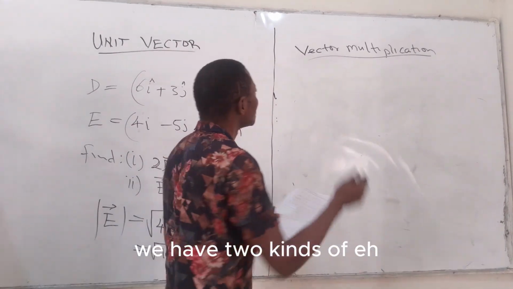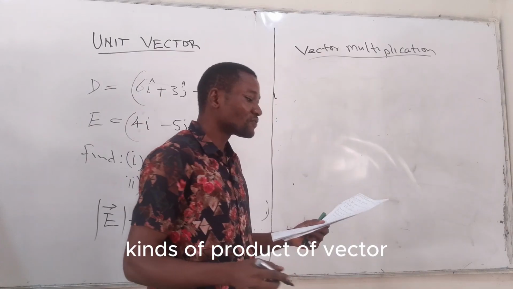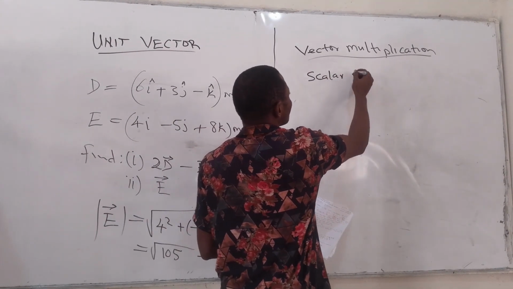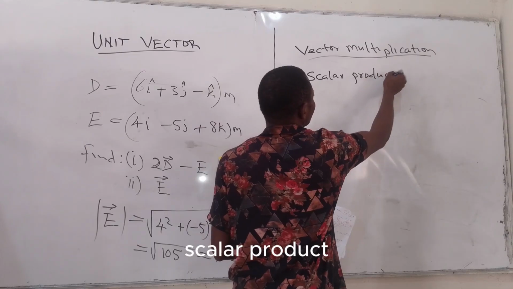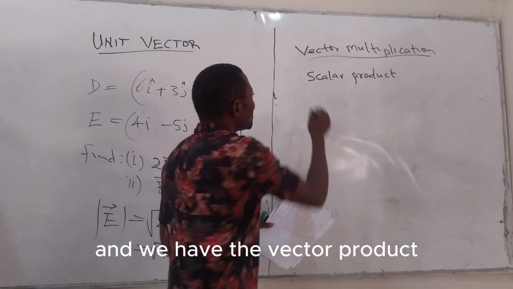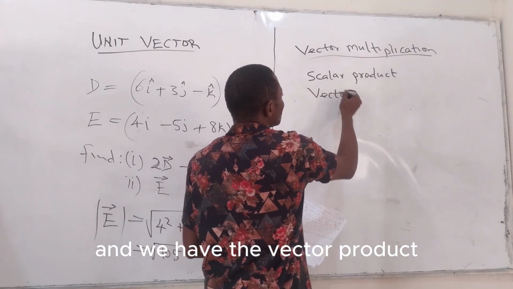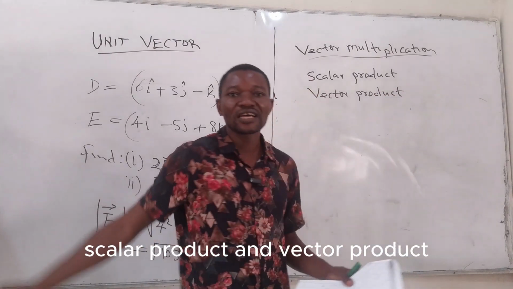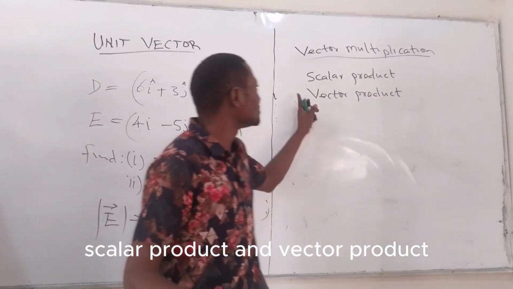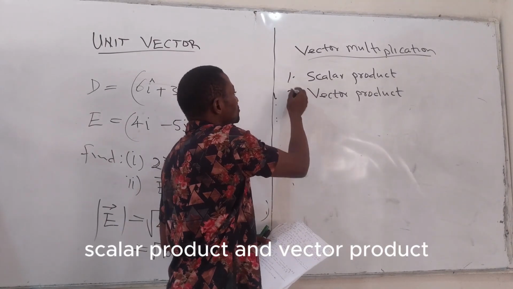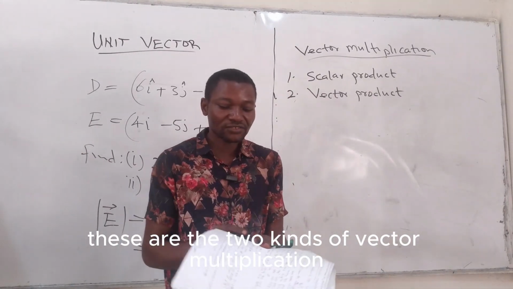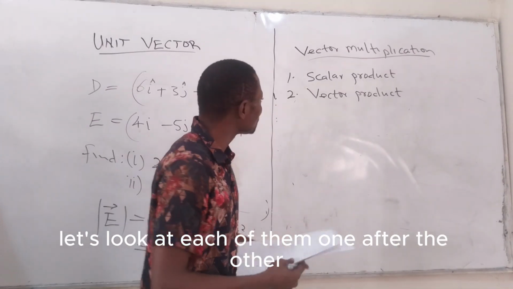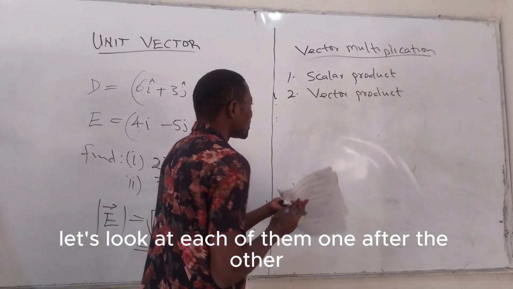We have two kinds of product of vectors. We have the scalar product, and we have the vector product. We shall be looking at each of them. Scalar product and vector product. These are the two kinds of vector multiplication. Let's look at each of them one after the other.